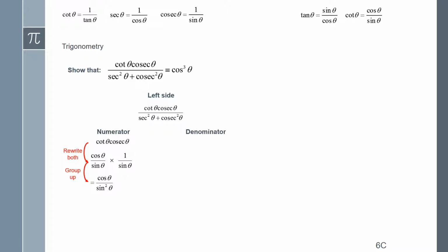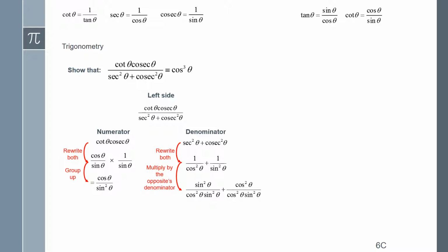The denominator, sec squared theta plus cosec squared theta, well, sec squared is 1 over cos squared theta. Cosec squared theta is 1 over sine squared theta. We don't want to fall into a trap here. You might fall into the trap of thinking sine squared plus cos squared. We can't do that because in the denominators we need a common denominator.